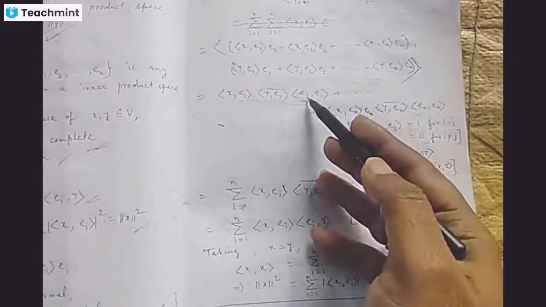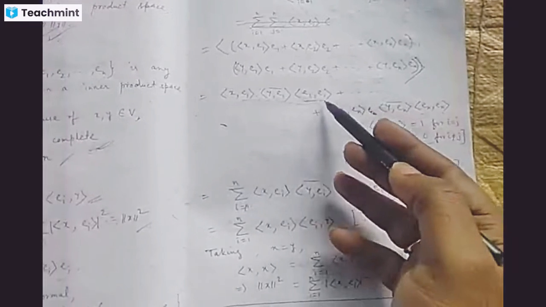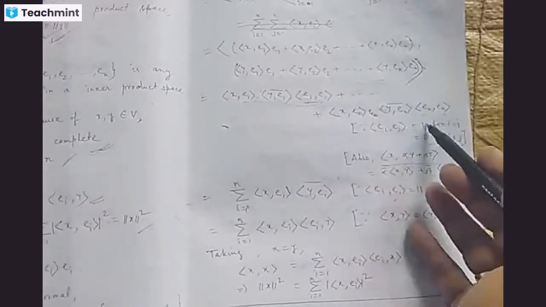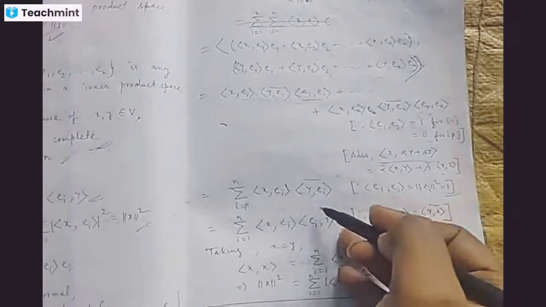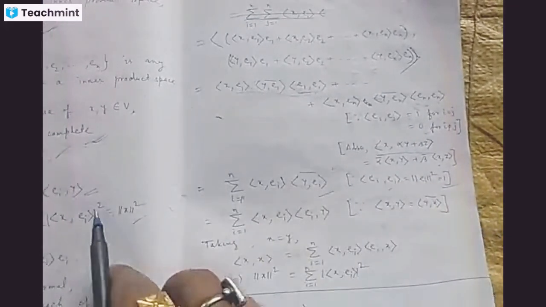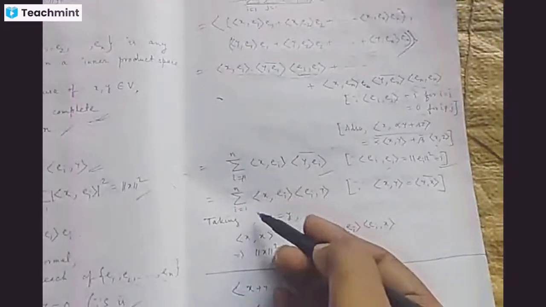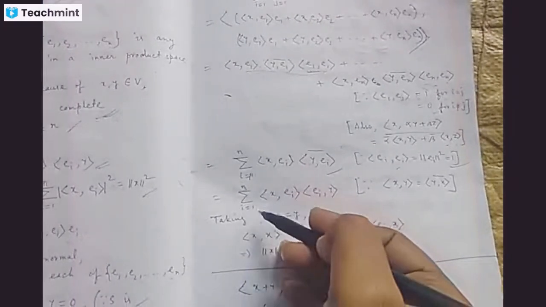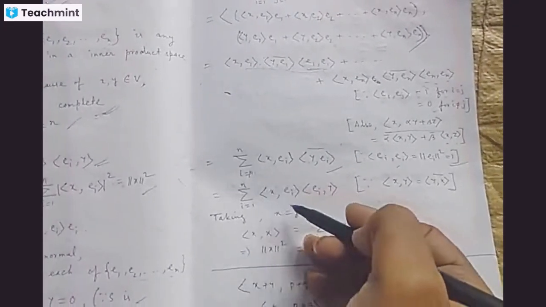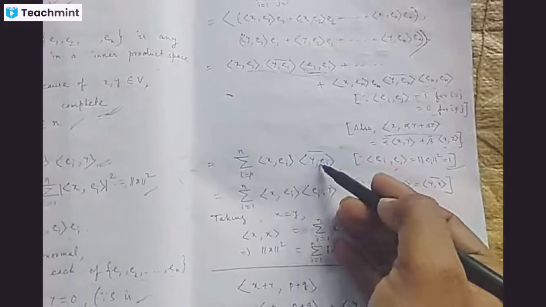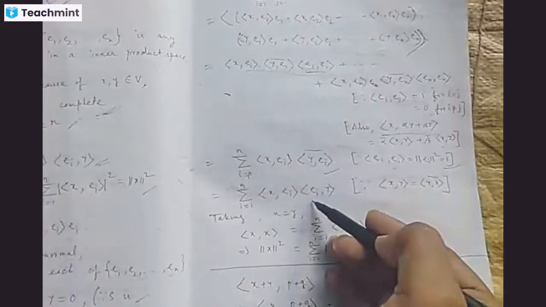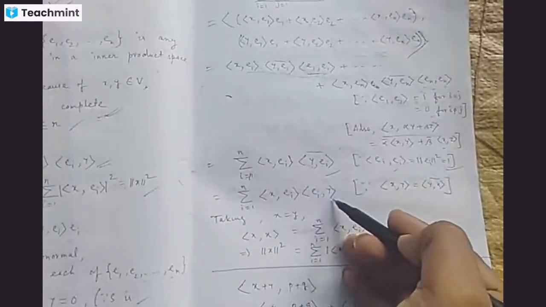So all the e1 e1, e2 e2, up to en en inner products will be equal to 1. So we'll have this term. Now lastly we will get summation over i equal to 1 to n of x e_i. Since we know that under the bar the two elements in the inner product, the two vectors, actually reverse, this can be written as e_i y.